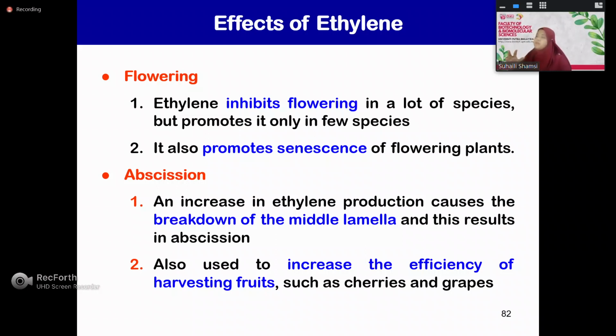And then when the leaf starts to wilt, we can see that there's an increase in the sensitivity to ethylene. So production of ethylene would induce abscission. And ethylene is also used for abscission in terms of increased efficiency of harvesting fruits. So if the fruits are already ripened, we can apply ethylene in order to induce the abscission of the ripened fruits themselves.